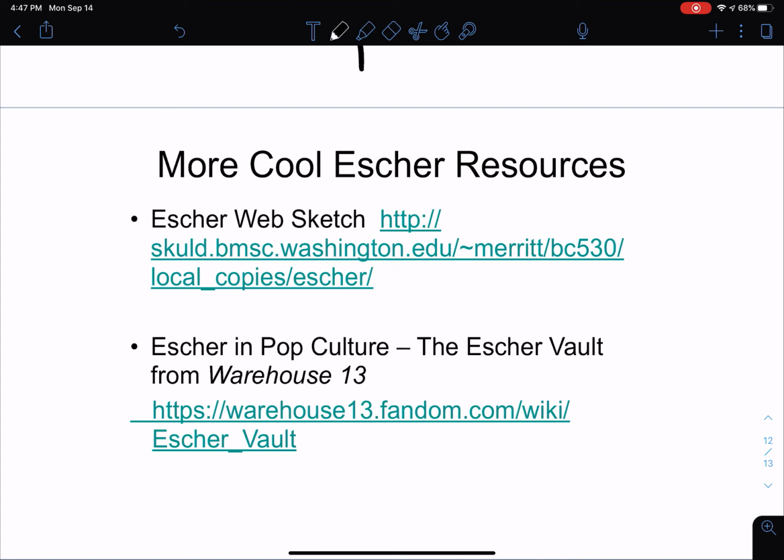They have something locked away, but it's the vault, the staircases and everything move around, but when you look around, it's basically an Escher artwork put into motion, 3D and in motion. So that's pretty cool. Or if you don't want to watch the whole series, I'm sure you can do a Google search and find, or maybe on YouTube find Warehouse 13 Escher Vault. So that's pretty neat too.